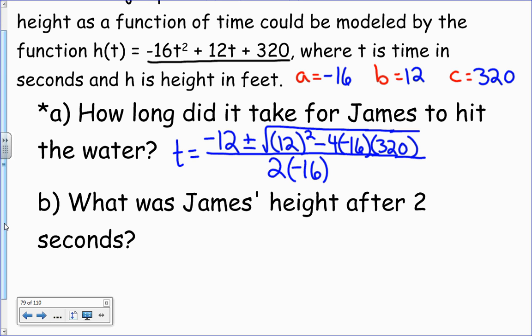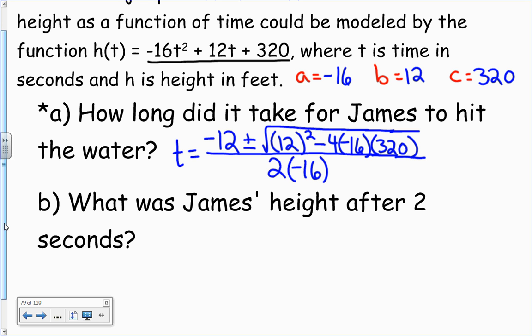So when I punch this one in, because I have 2 times negative 16 on the bottom, instead of doing the plus first, I'm going to do it with the minus on top. So I'm going to go negative 12 minus the square root of 12 squared minus 4 times negative 16 times 320, and all of that is over 2 times negative 16.